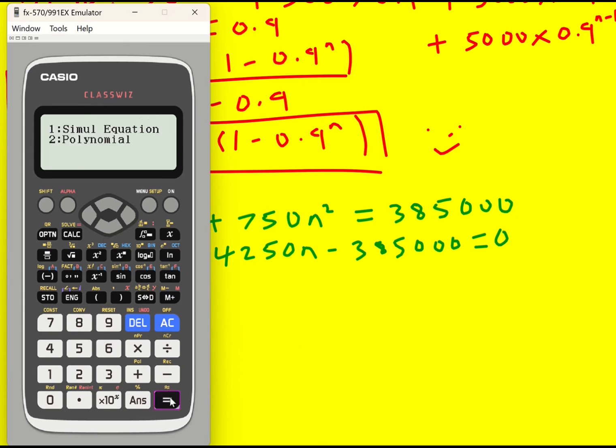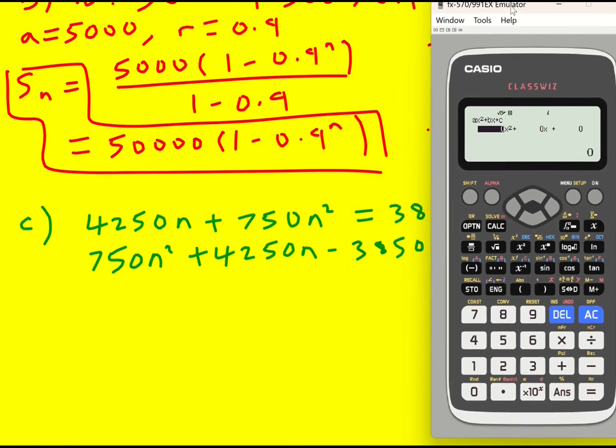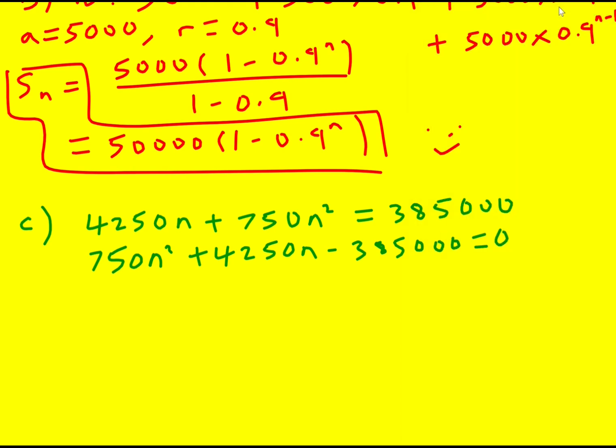Here it is, equation function. You want to get through questions as quickly as possible. I'm all for factorizing, but when you've got to cancel it down first, it's just not worth it. So 750, 4,250, and minus 385,000, which gives us n is 20 or minus 77 over 3.